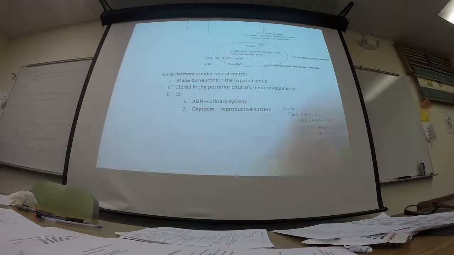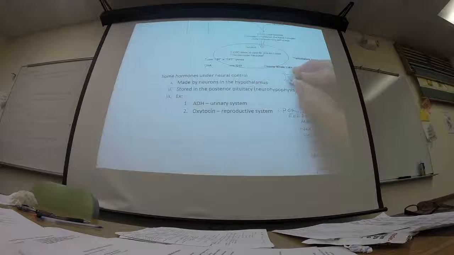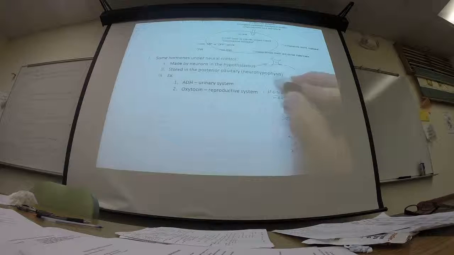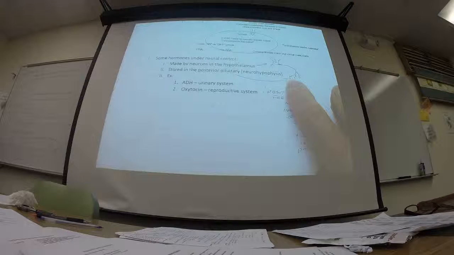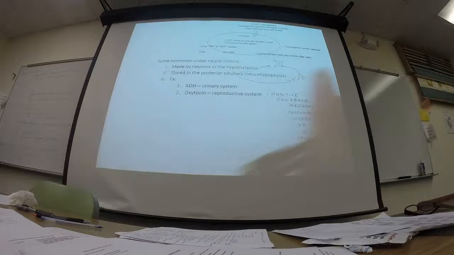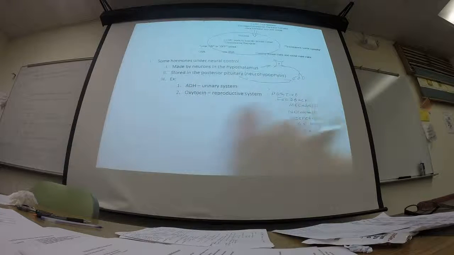So essentially what you're saying is the dendrites and cell bodies are up here in the hypothalamus. The part that travels through the infundibulum stalk of your pituitary gland is the axon, and what's down there in the posterior pituitary gland are these synaptic knobs. And it's in these synaptic knobs that you either have a cell filled up with ADH or another nerve cell that would come down here filled up with oxytocin.